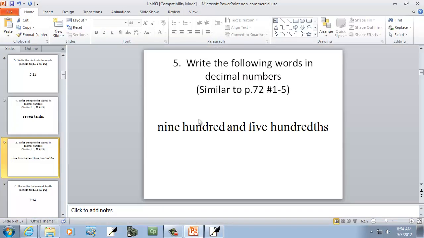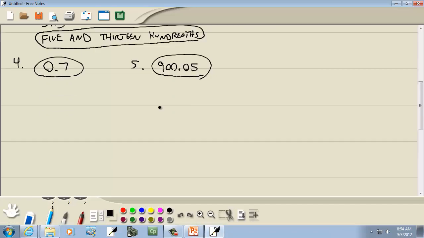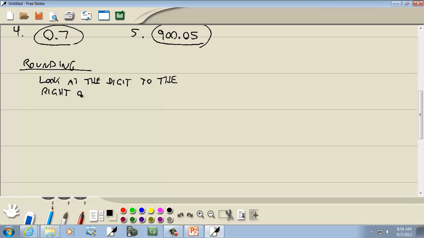Now this next part is rounding. And let's review rounding. For rounding, look at the digit to the right of where you're rounding.